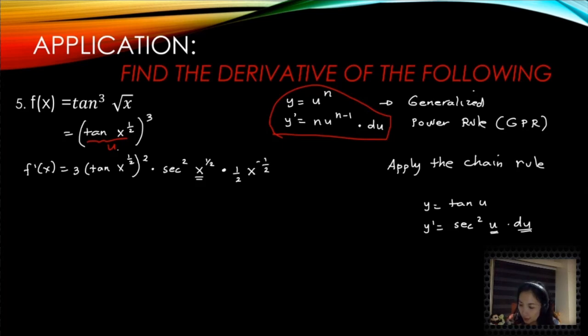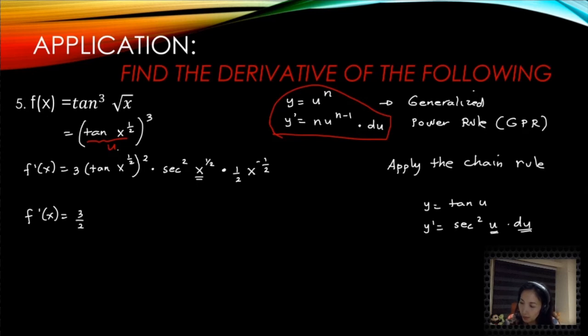So let's simplify further. f prime of x is equal to 3, we could multiply 3 with 1/2, giving 3 halves, 3 over 2.